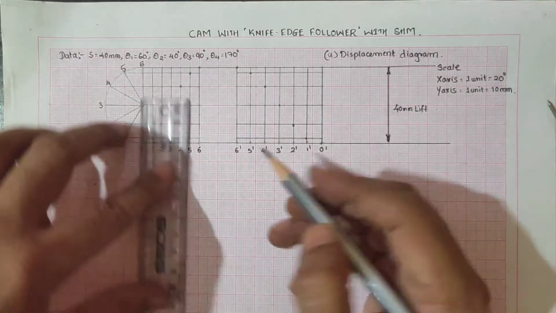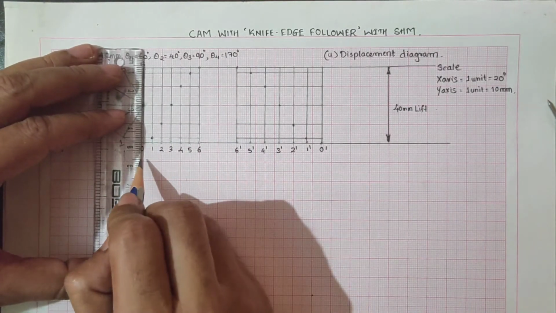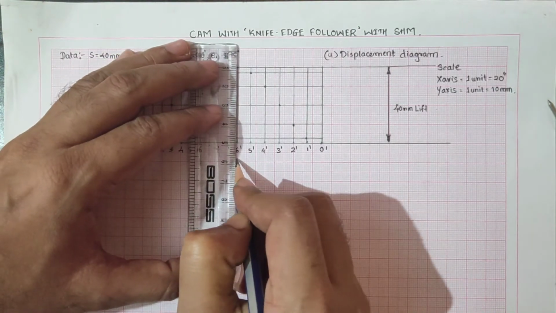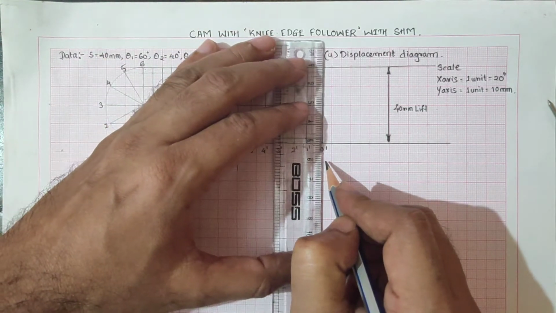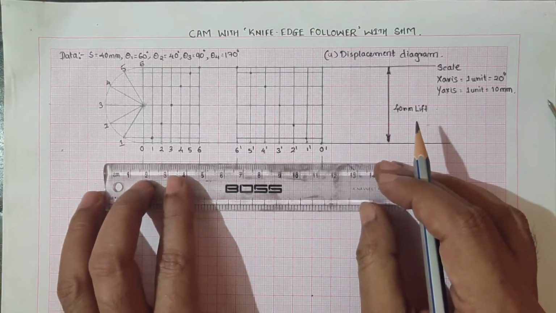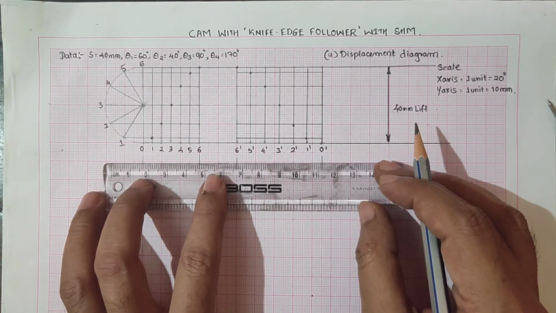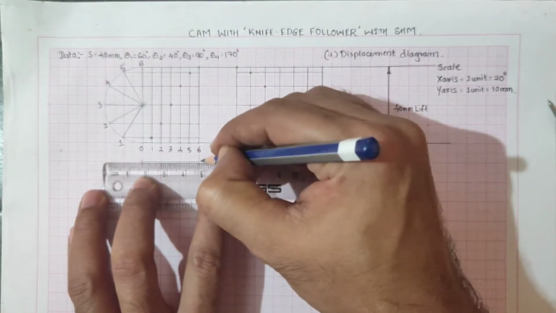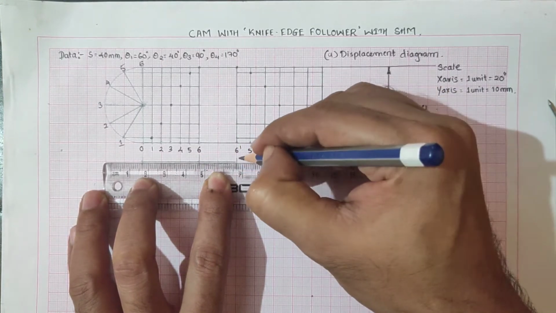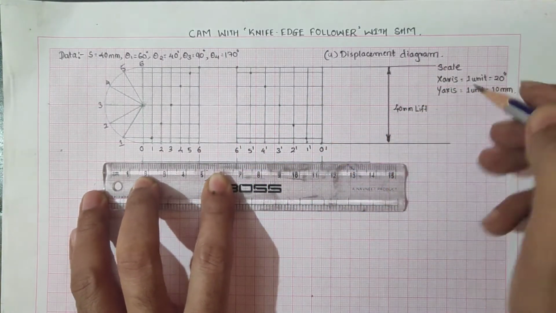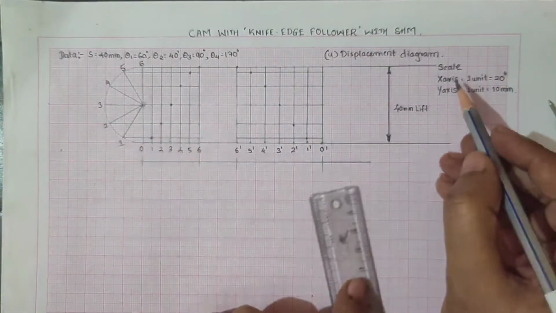Then we are supposed to mark this one, the period of ascent, the period of dwell, the period of descent, and next the period of next dwell.